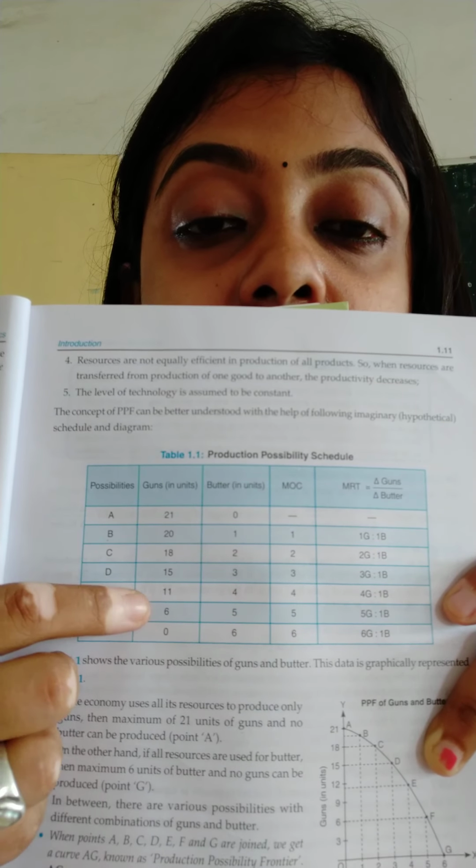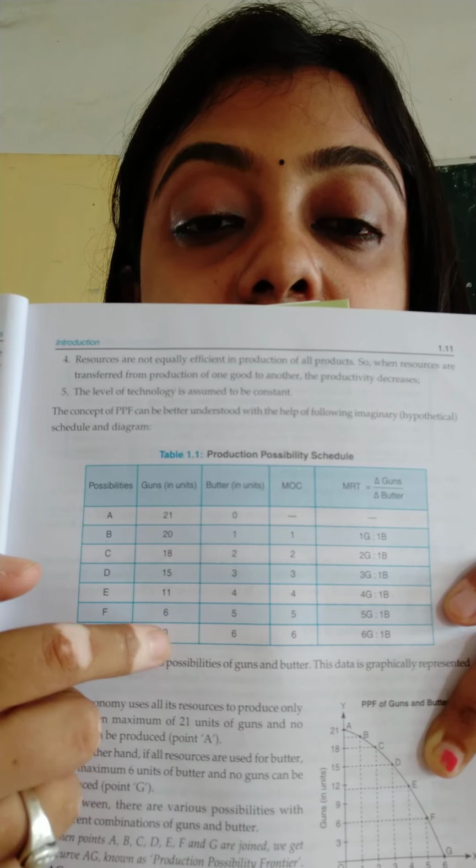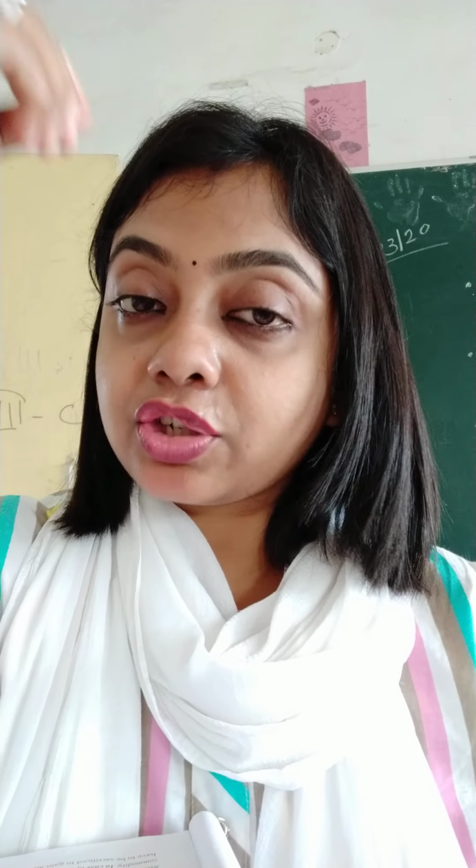Again 1 unit, it has fallen, and again, until it becomes 0. So it is clear that as we increase the production of one commodity, we have to sacrifice production of the other commodity. But the combination will be such that the satisfaction will be equal.